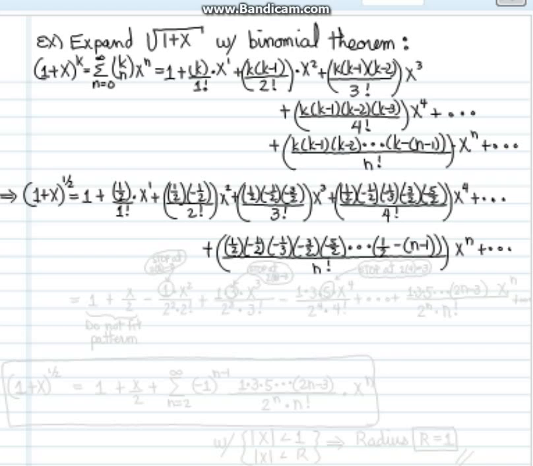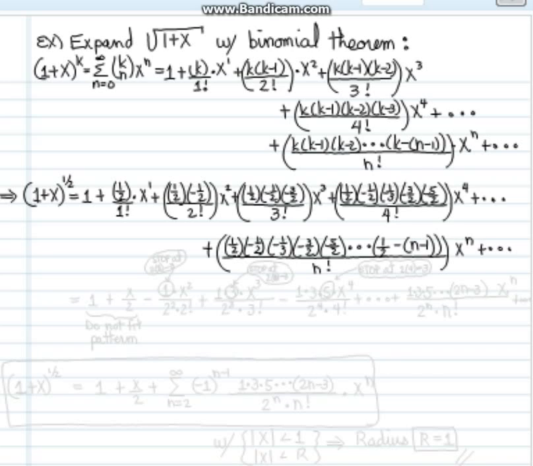So that's the pattern, and you can test it on x to the fourth power. We stop at negative 5/2 because that's 1/2 minus (4 minus 1), which is 1/2 minus 3, which is 1/2 minus 6/2, which is negative 5/2. That's where we stop, and it's that pattern that establishes the nth term and where to stop.